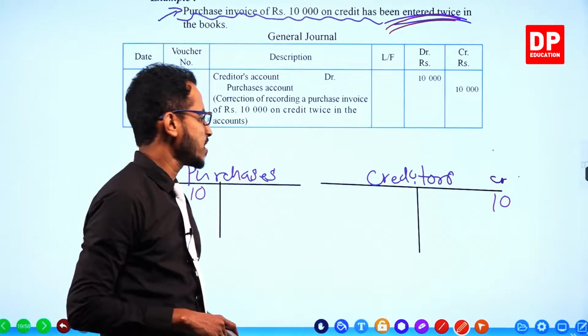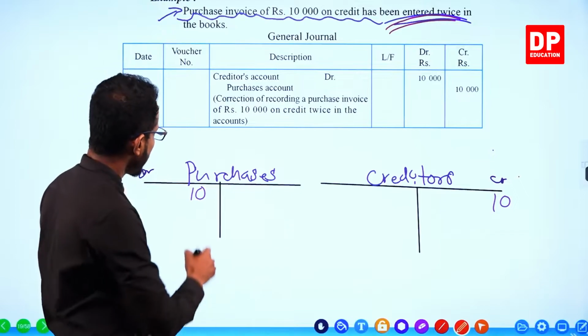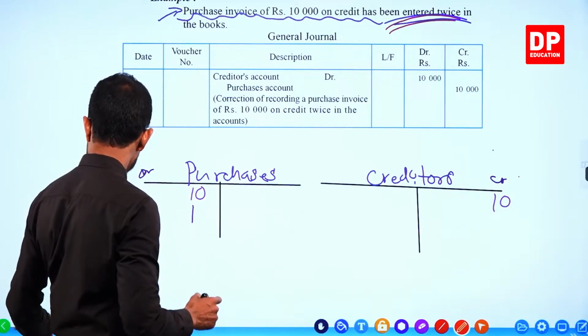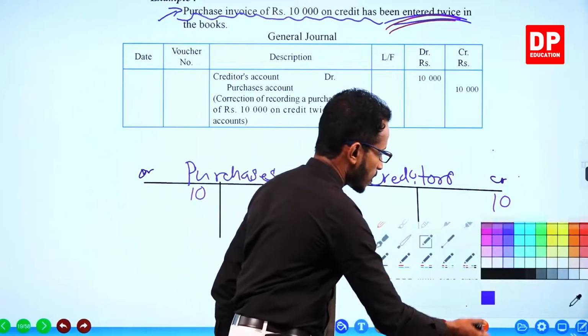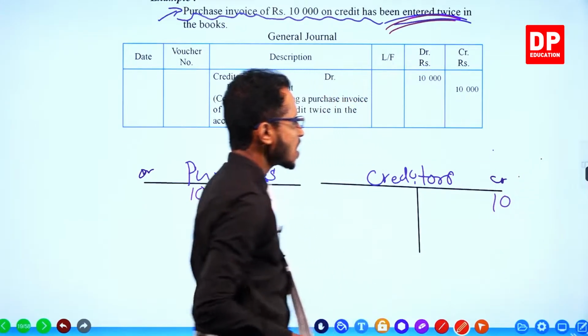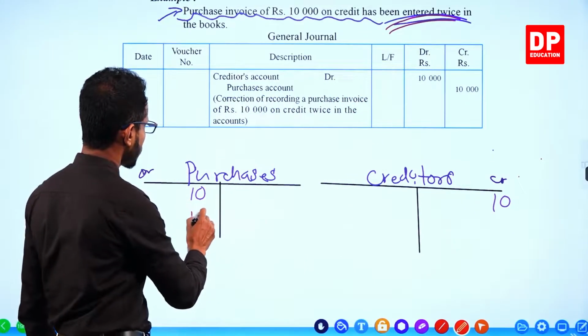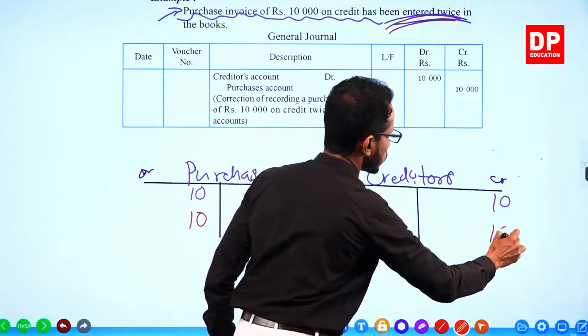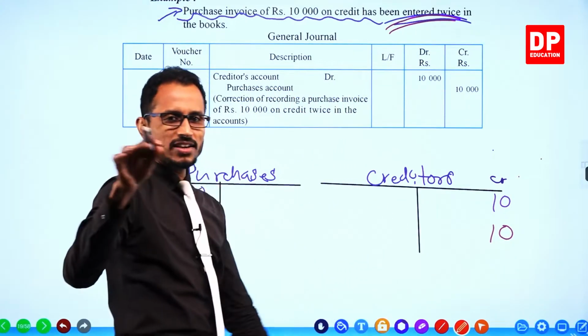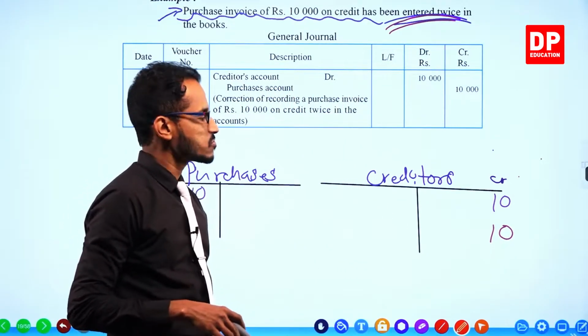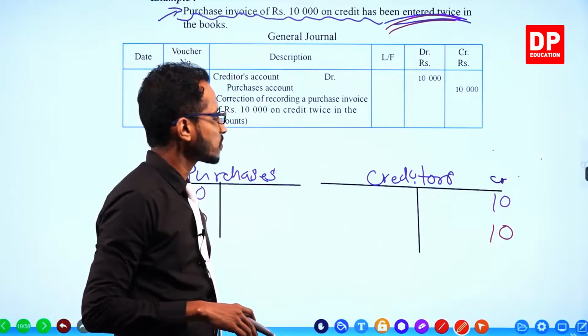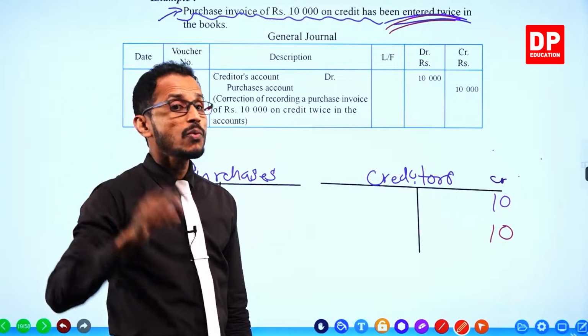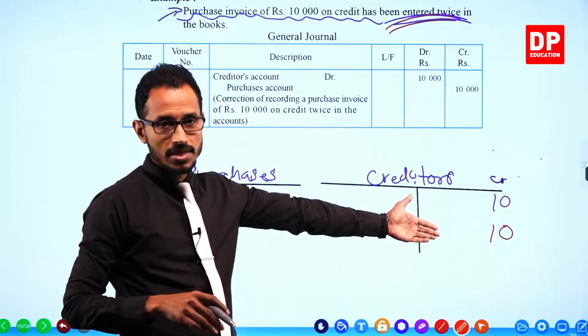That's right, children. You cannot erase or cover it with correction fluid or whatever erasing material. You cannot remove an entry once it is entered in an account.